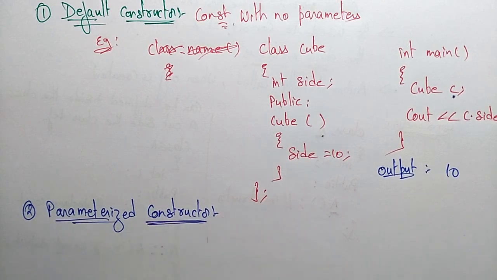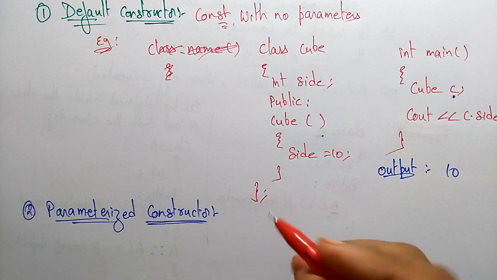So what is this parameterized constructor? Actually, a constructor with parameters that are used for initializing data members, you call it as a parameterized constructor. Default constructor means with no parameters. Parameterized constructor means with parameters.